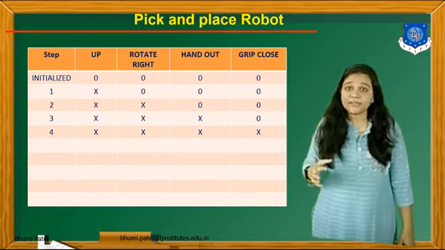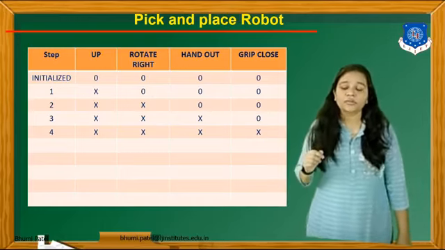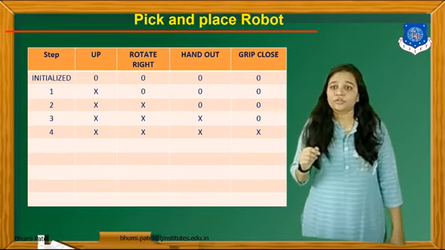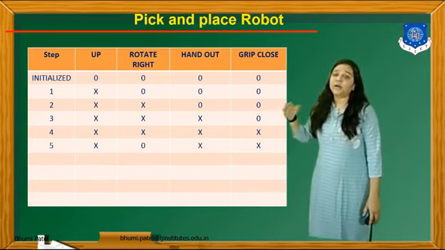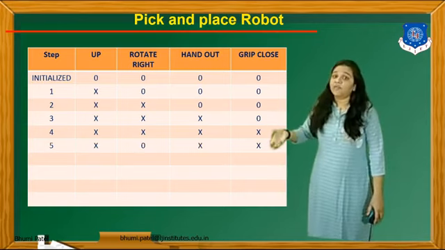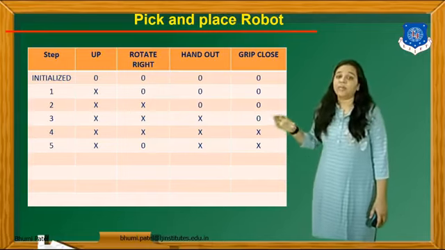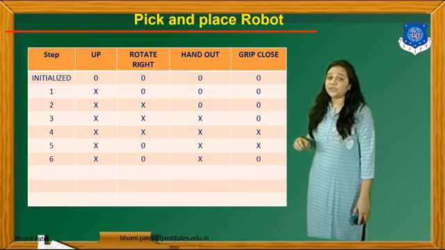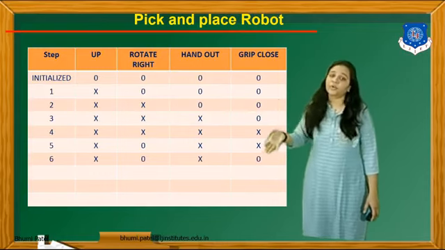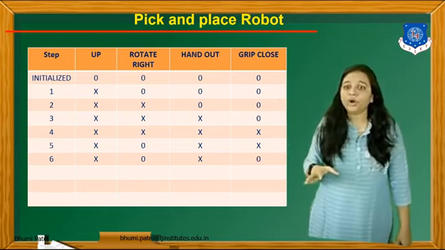Now the next target is to place it at this particular position. In the fifth step, my robot hand will be up, now it will be rotated to the left side, hand will be out and the gripper will stay closed. In the sixth step, it will be up, rotate left, hand out, and now the gripper will be open.